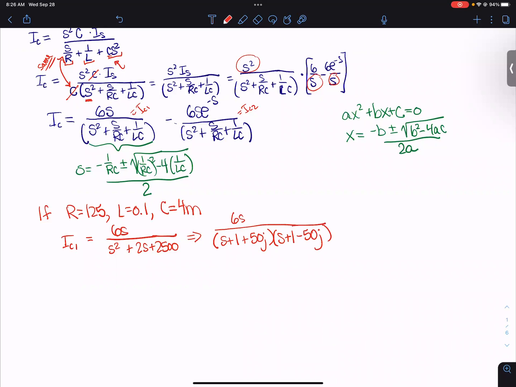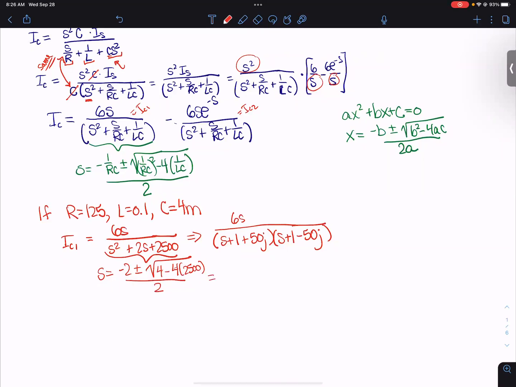So putting this into that quadratic gives me a -2 plus or minus the square root 4 minus 4 times 2,500 all over 2.